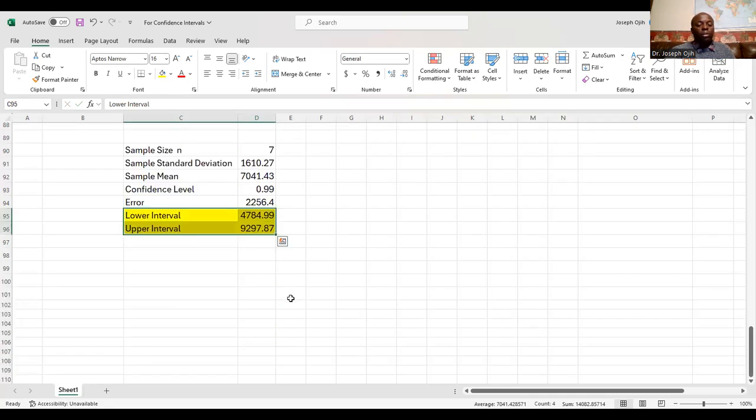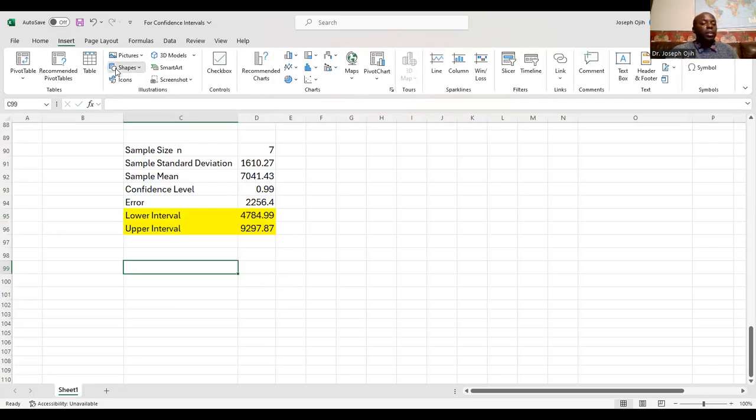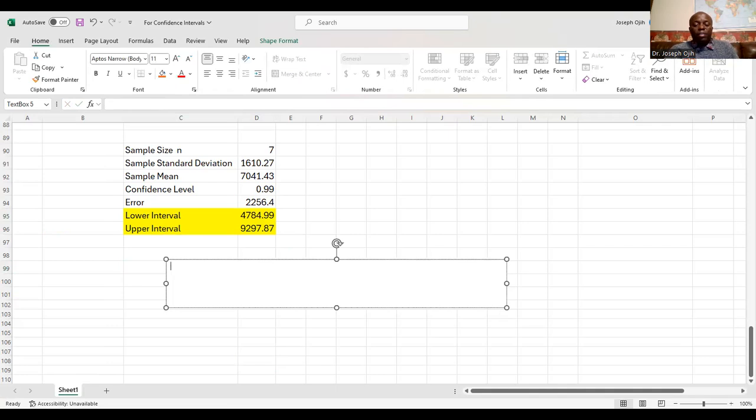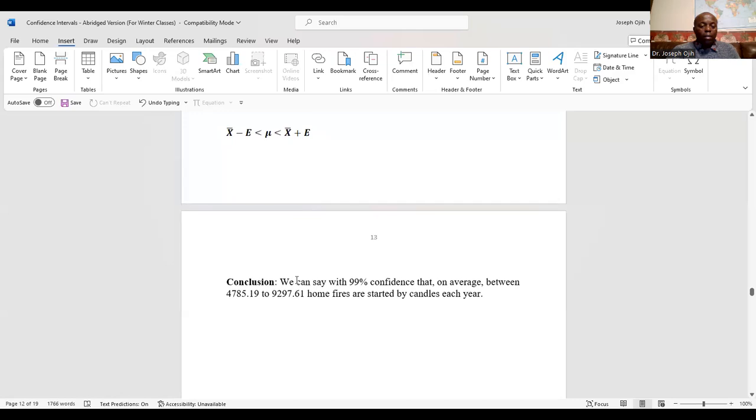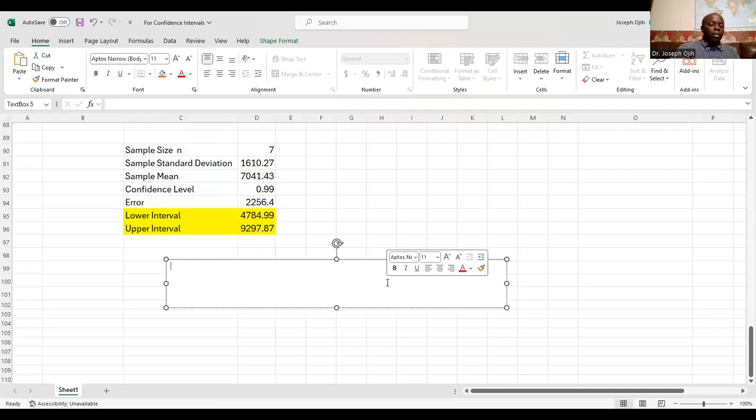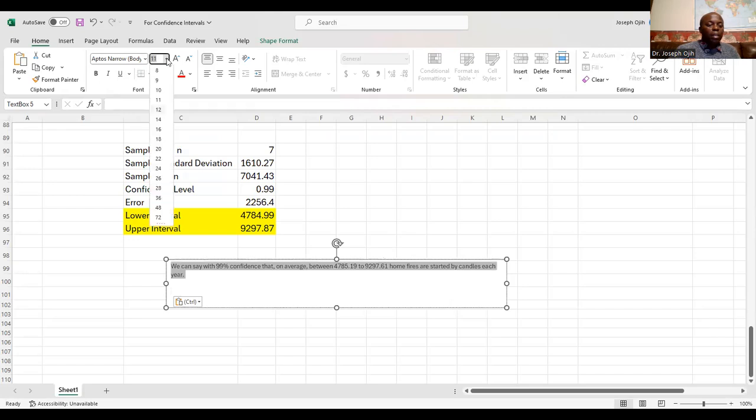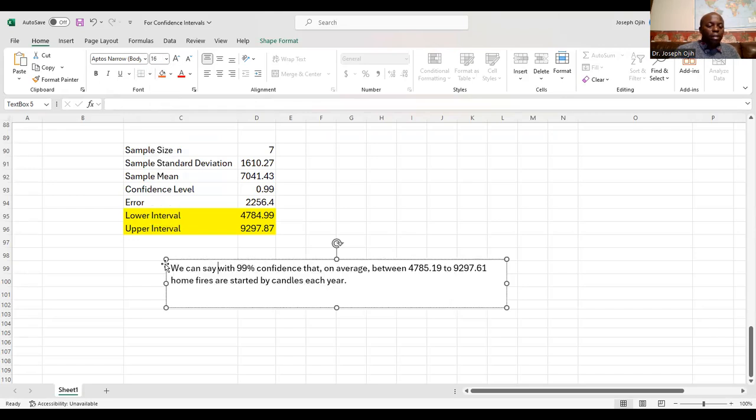So now the conclusion, the interpretation of this. I'll put a shape and a text box here. As a matter of fact, I have it written already because I taught this before.